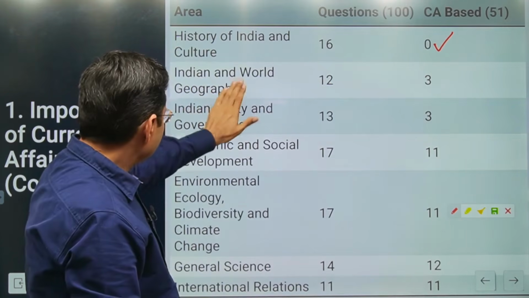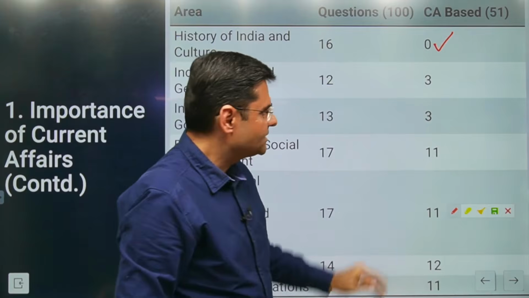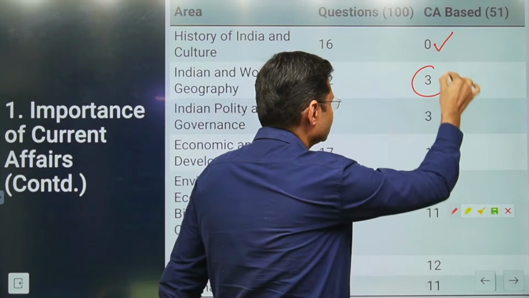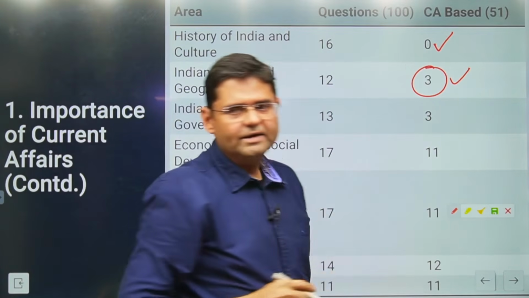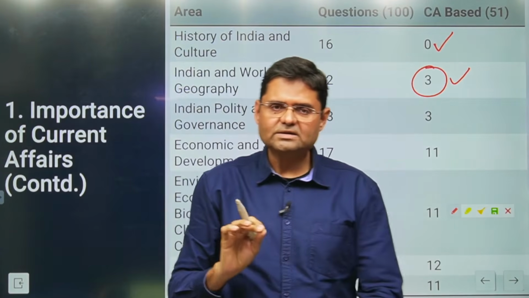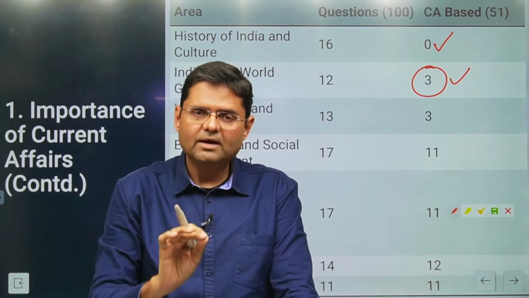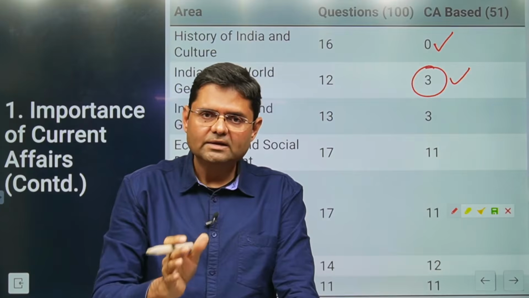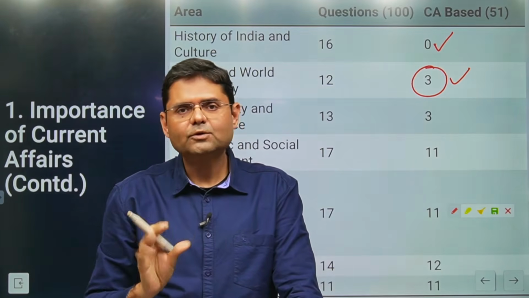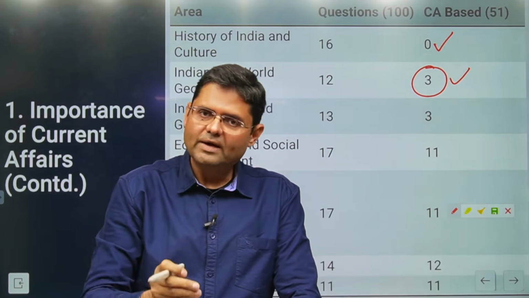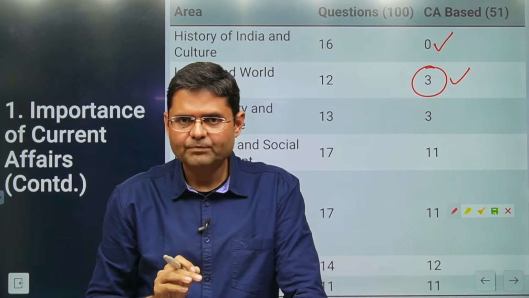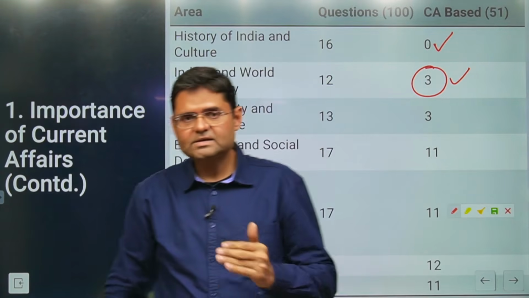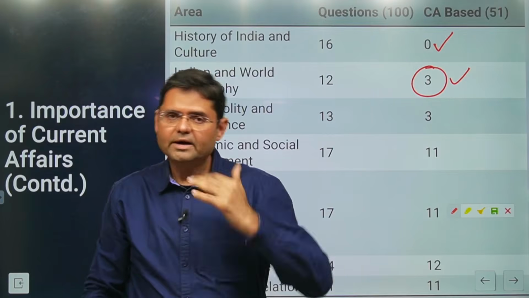Then Indian and world geography, 12 questions, 3 of them were triggered by current affairs. 3 questions were asked which were in the news in the last year and a half. Therefore, those 3 questions could find a place in the examination. But then the number increases the moment you go beyond Indian polity.